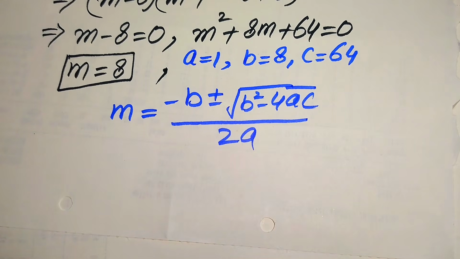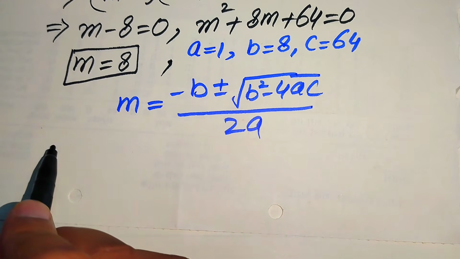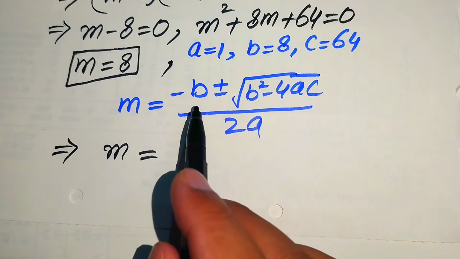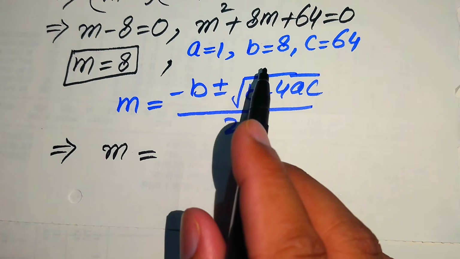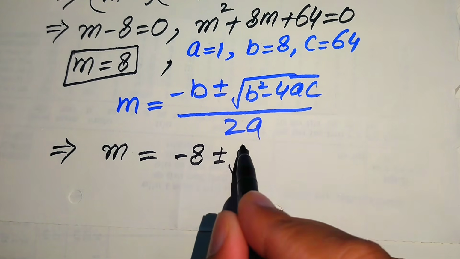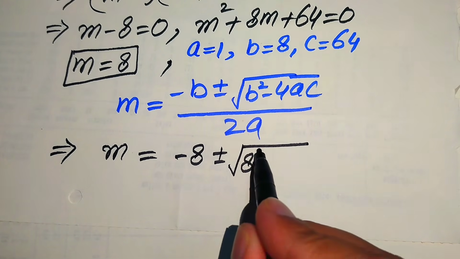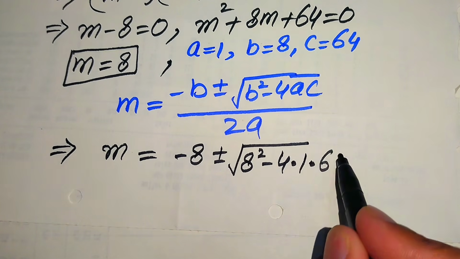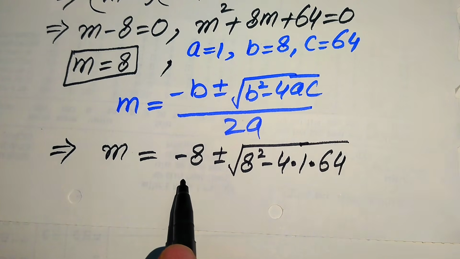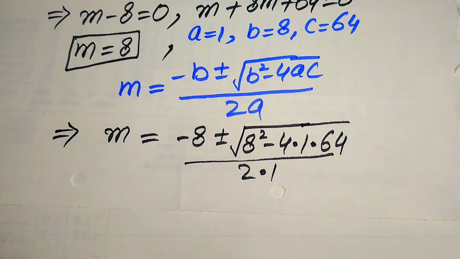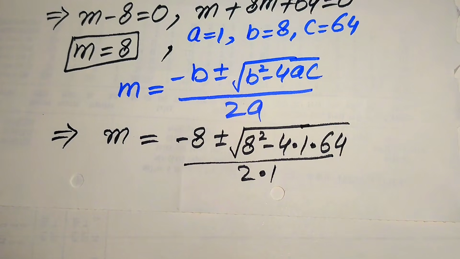Here we substitute all the values of a, b and c, and it will be written in this form: m equals minus b, the value of b is 8, so it becomes minus 8 plus or minus square root of 8 squared minus 4 times 1 times 64, divided by 2 times a, where a is equal to 1.